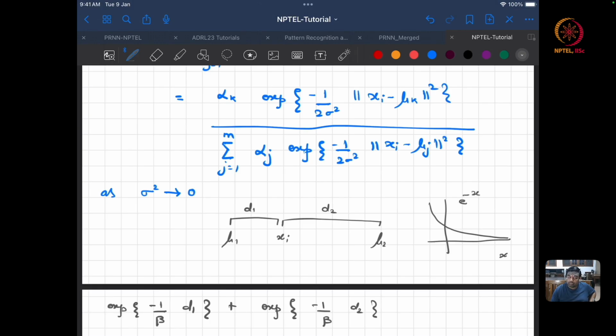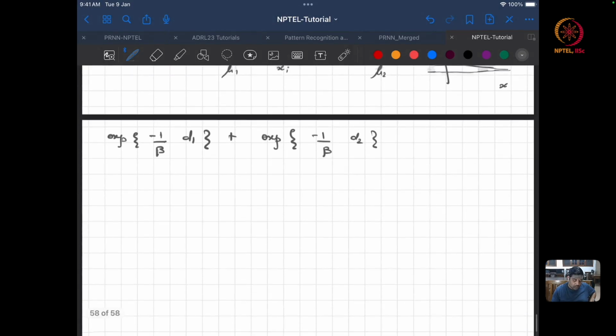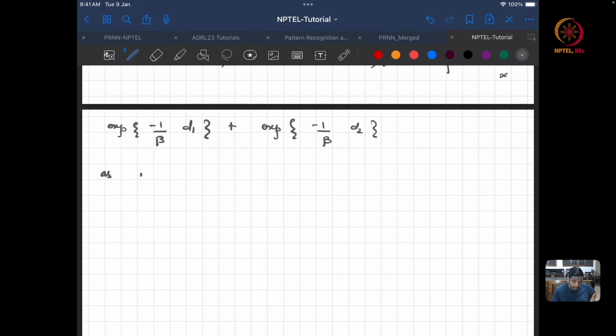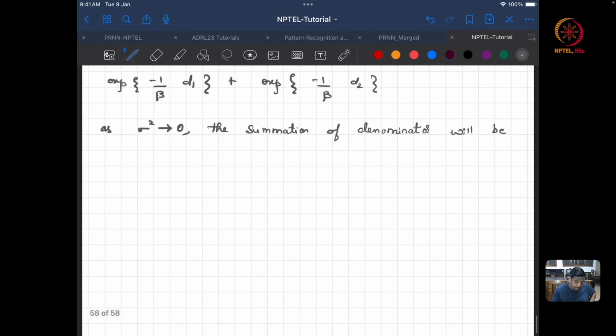So as sigma square tends to 0, the summation in the denominator will be dominated by the term which is very close, that is, the mean which is very close, the term with the smallest xi minus mu j whole square. That's all.